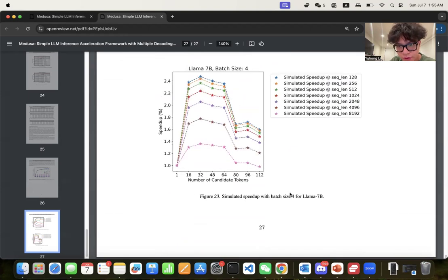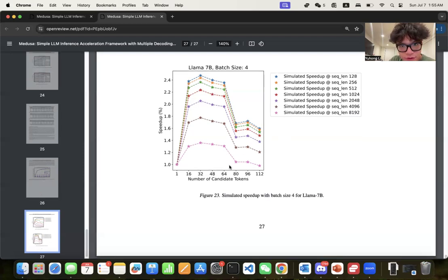For this one, it's the simulated speedup with batch size for Llama 7B, and if the sequence length is 8K, the speedup will drop a lot, which indicates we need dedicated optimizations for long sequences instead of purely using Medusa, right?